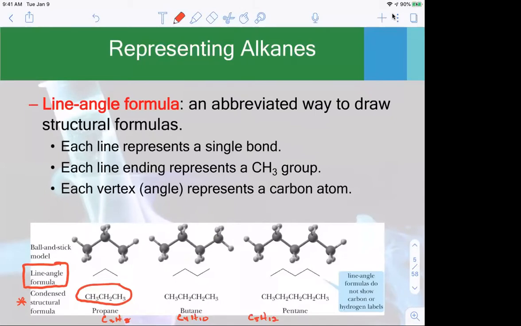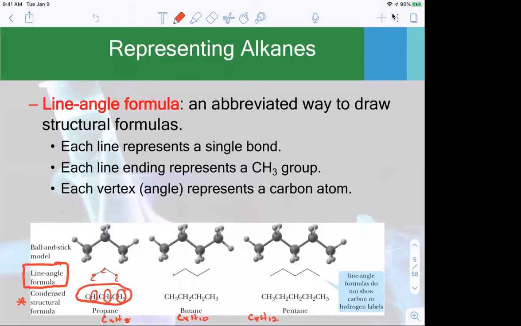This is what we're going to lean towards as we go into this class. Notice I have 1, 2, 3 points on that sort of bended line. And I have an angle. So this line is sort of staggered. Well, every point is equal to a carbon. And then the hydrogens are assumed to be there because they're going to fill up the valence on those carbons.